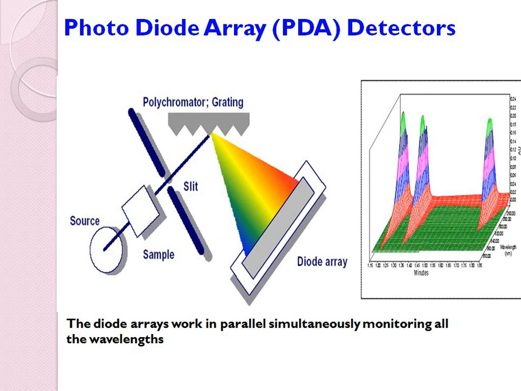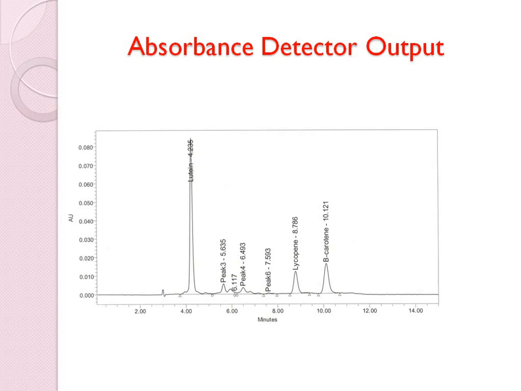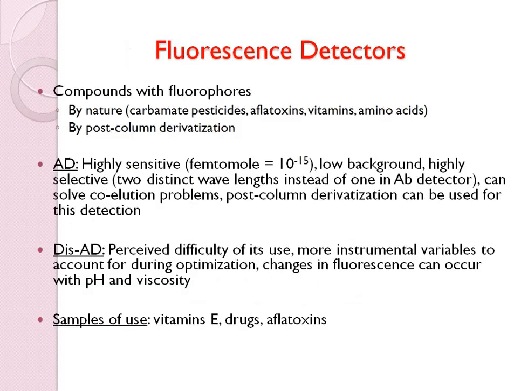So this diode array detector works parallelly or simultaneously and monitors all the wavelengths and gives the 3D spectra of the sample. This is the spectra obtained from the normal single or dual wavelength detector. This is the 2D spectra. With this we have completed the UV visible and PDA detector.